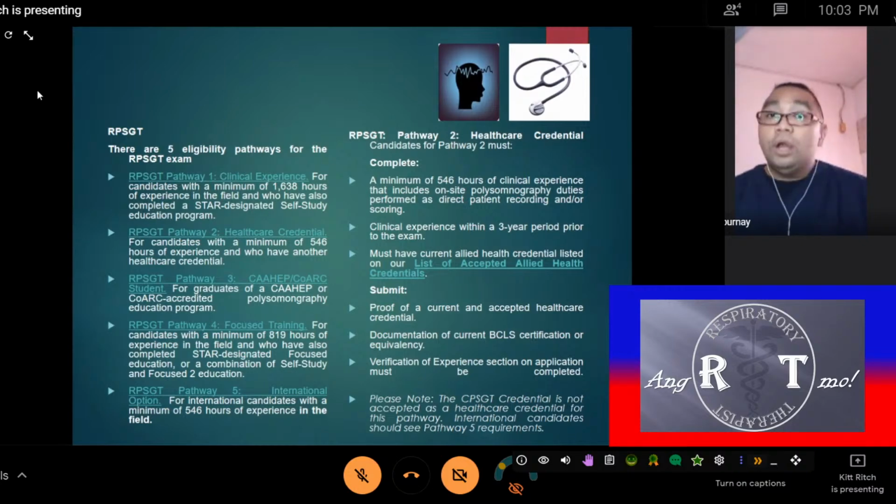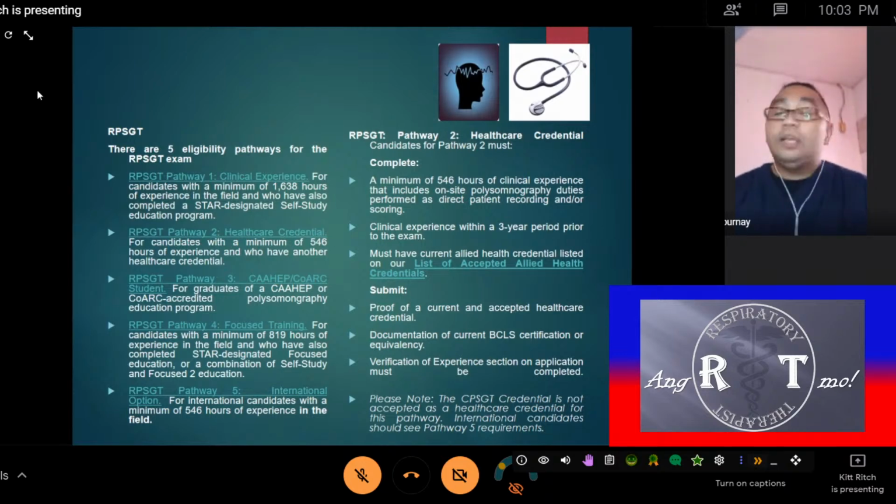And that is if you are here in the Philippines. So you need to be on that RPSGT Pathway 2, which is a healthcare credential status. Now, again, these are the requirements for the RPSGT Clinical Pathway 2 for Healthcare Credential. You need to complete a minimum of 546 hours of clinical experience.